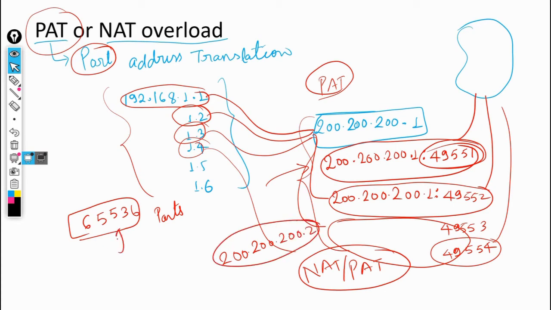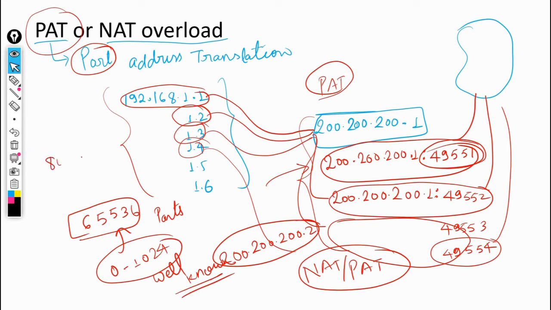But in these ports as well, 0 to 1024 are well-known ports and we do not use them, right? You might know these: port number 80 is HTTP, SMTP is 25.